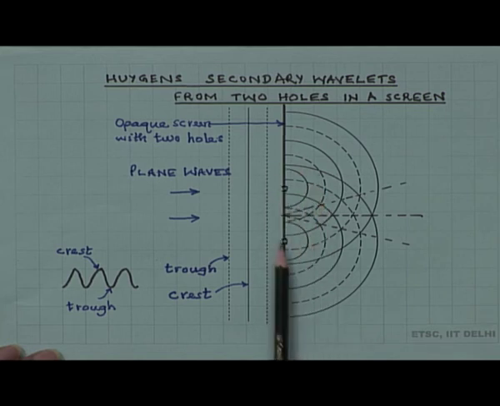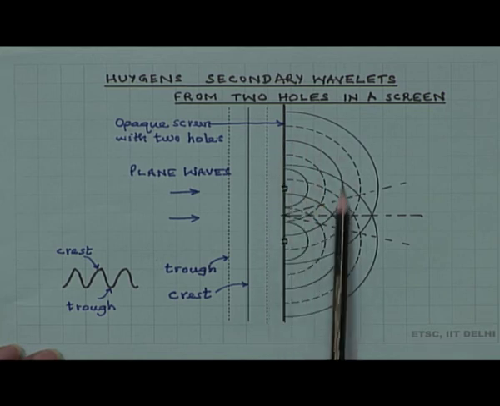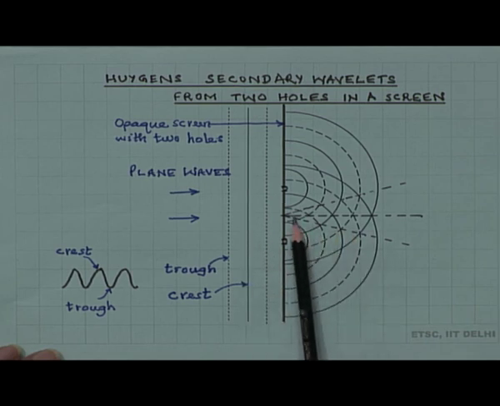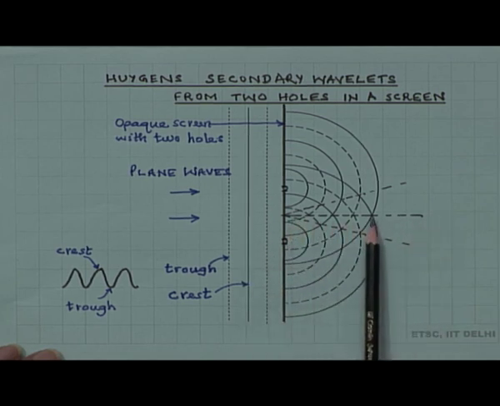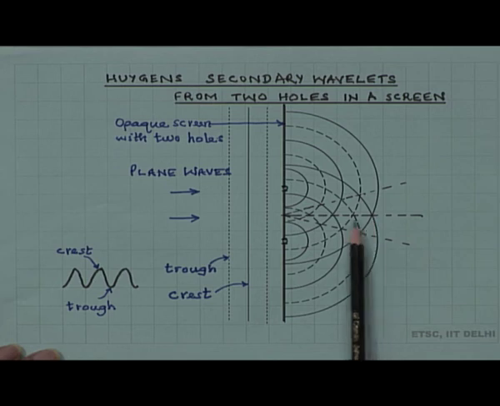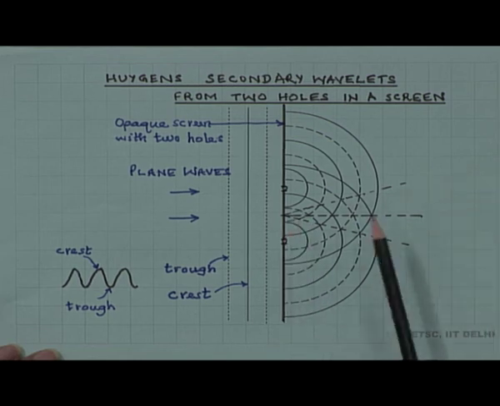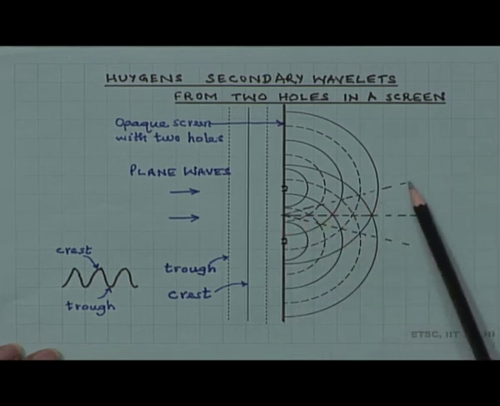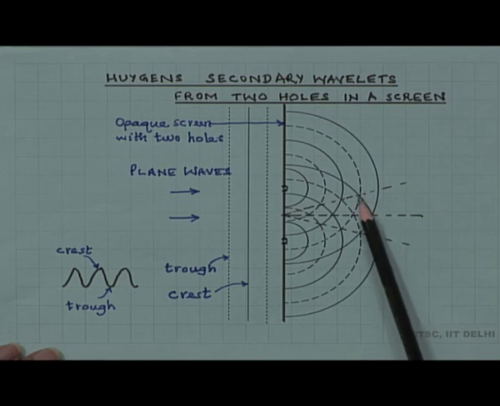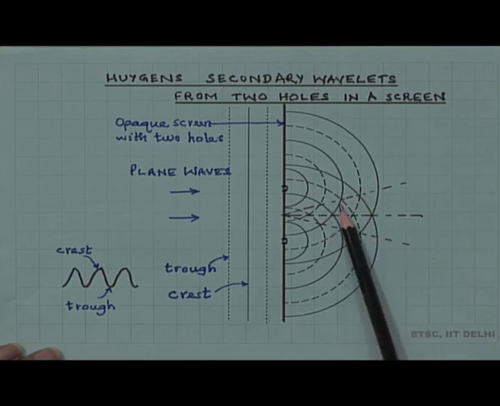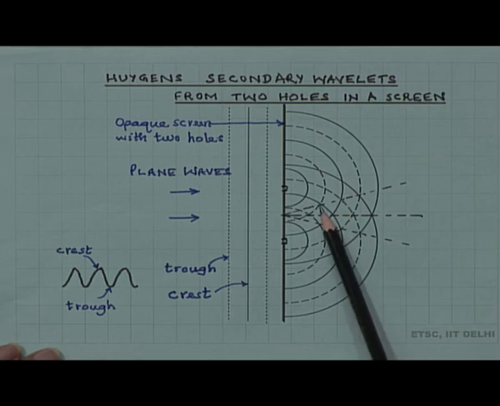If you plot these spheres, there are directions where you see that the solid line meets solid line, the dashed line meets dashed line, and so on. Whereas, there are directions where, at the intersection point of the wave fronts, one is a solid and another is a dashed line.